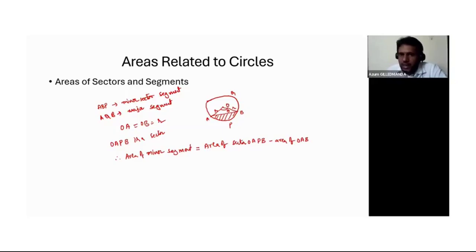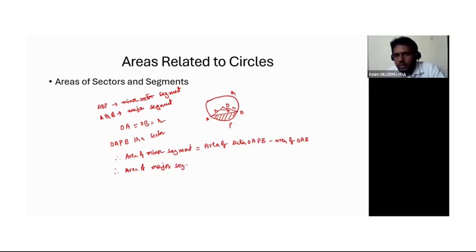You're following, right? The sector area minus this triangle area will give us the shaded area. That shaded area is nothing but the area of the minor segment. Understood? Similarly, what is the area of the major segment? The area of the major segment is nothing but the total circle area minus the area of the minor segment, right?